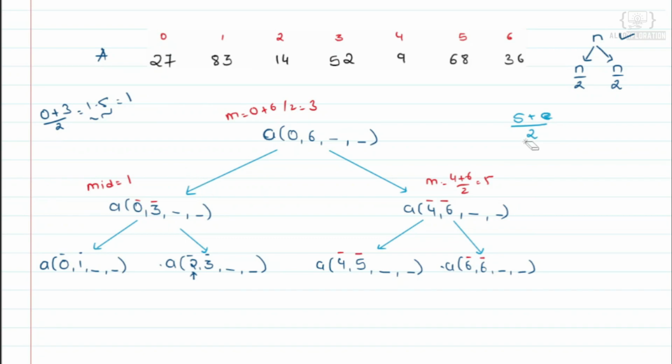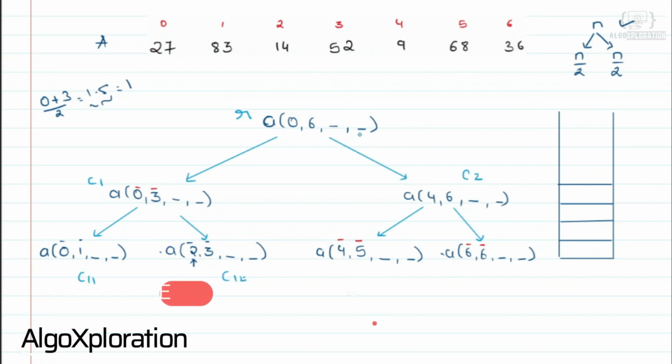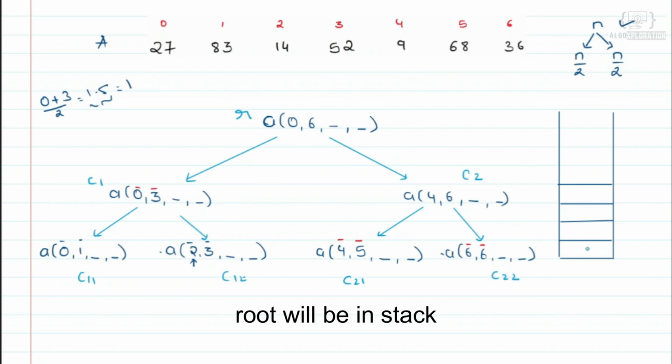Now let's see how we are calling it recursively inside the stack. Now let's name this function. This will be the root. This is C1, that is C11, C12, C2, right child of root, C21 and C22. Now initially the root will call its first child, that is left child, C1.